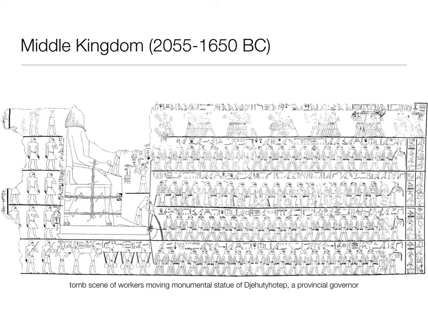If they're dragging it over clay, it would have made it a lot slicker, and this kind of helps the sledge move. And once you break the inertia, you can really move these things without too much terrible difficulty, as long as you have enough manpower, which they definitely did. So this gives us a good window into technology of the time, and how they moved really heavy objects with teamwork.